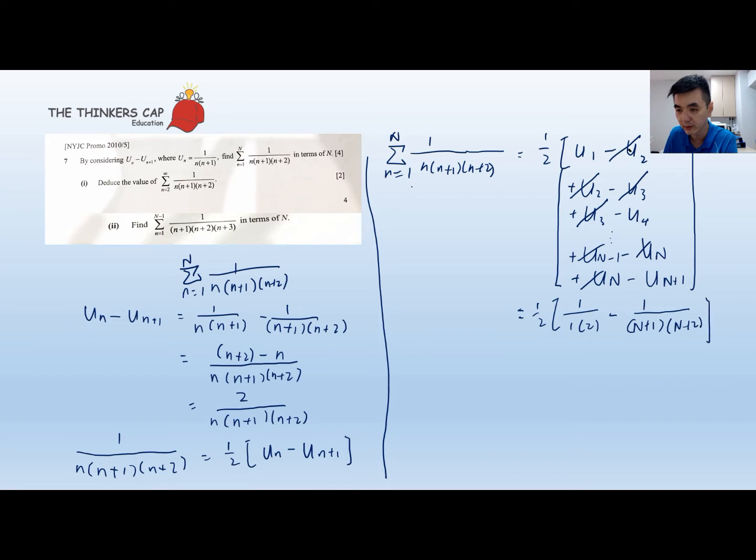I'm going to bring the half in, that will give me 1/4 minus 1/2 over (n+1)(n+2). And there you have it. This is the outcome of the summation from the first term to the nth term for this particular series. In my next example, I will explain how to make use of this result to deduce the sum to infinity.